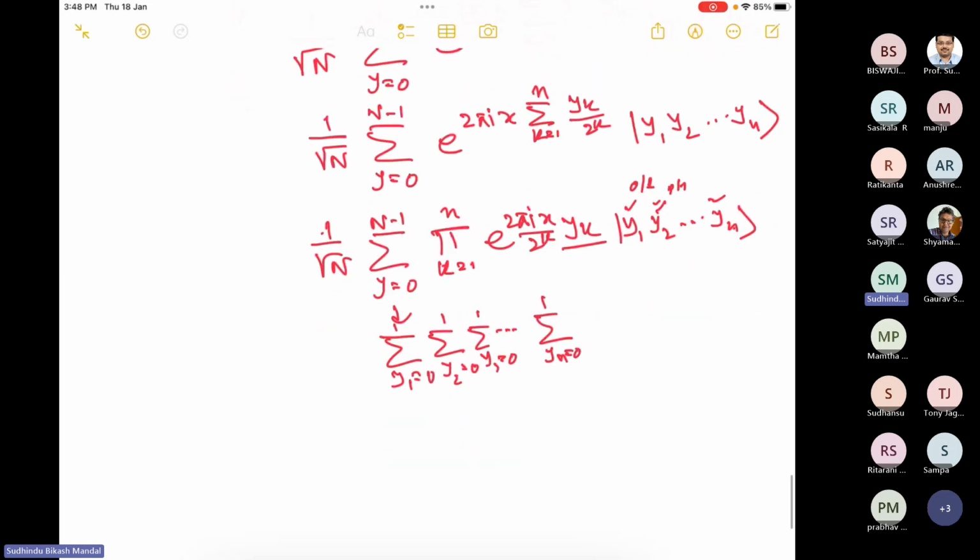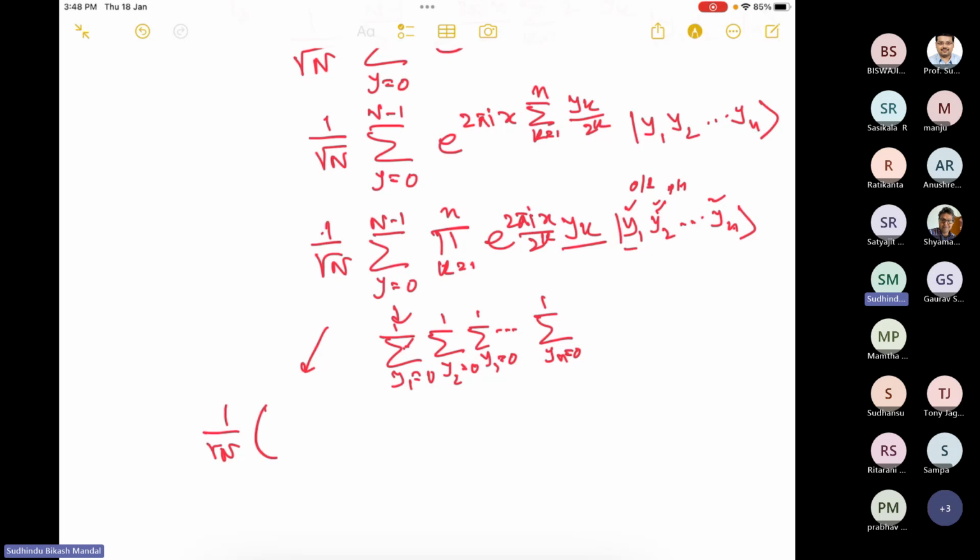If I break the expression like this, it is qubit by qubit, so for each qubit it takes the form of product terms. Okay, so we can now write this expression this way: 1 by root over N.